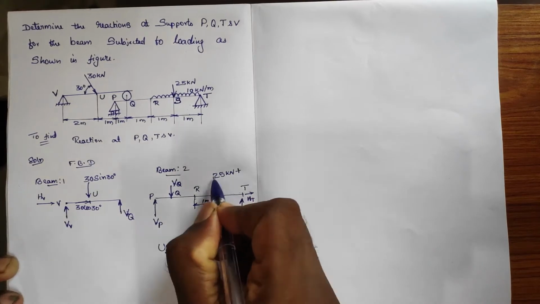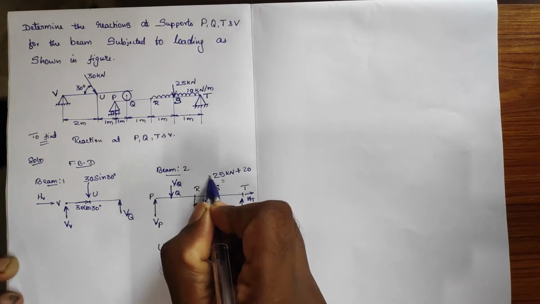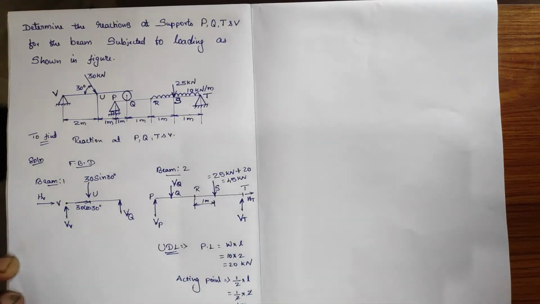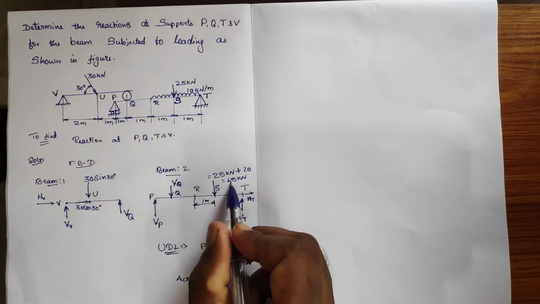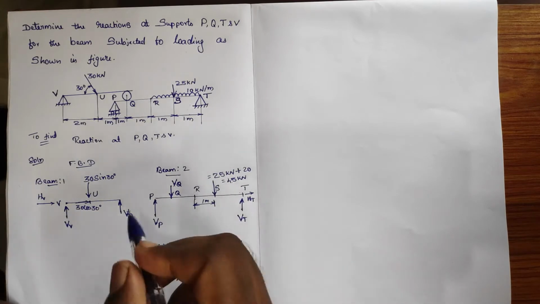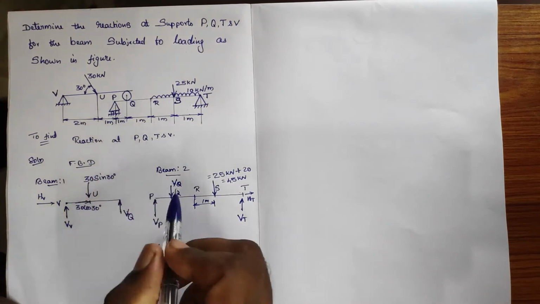So we shall add 25 plus this 20. So here we will get a total of 45 kilonewton, right? We can round up the value and take a single force of 45 kilonewton. We can also give the distance for all the forces.